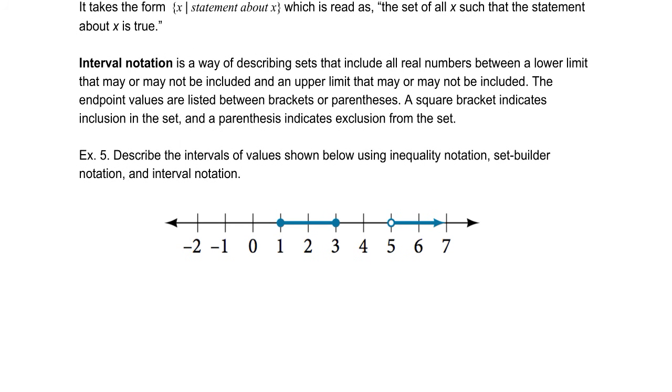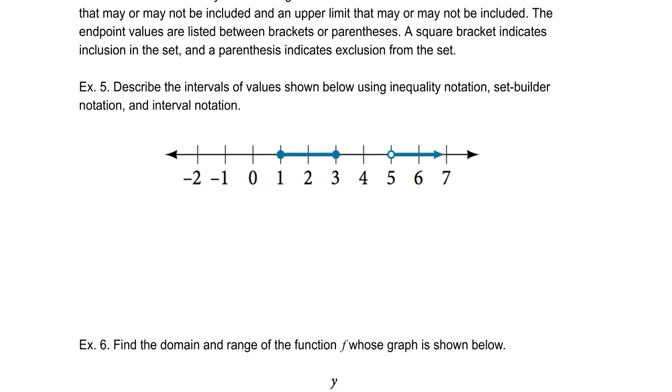We're going to describe the interval of values shown in this graph using inequality notation, set builder notation and interval notation. Okay, kind of tie those together. So inequality notation would be we have x values that are between and including 1 and 3, or we have values that are greater than 5.